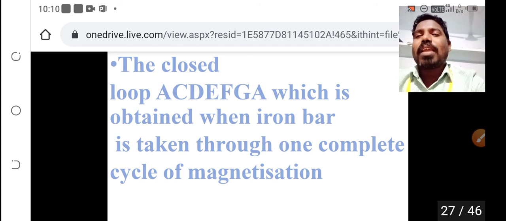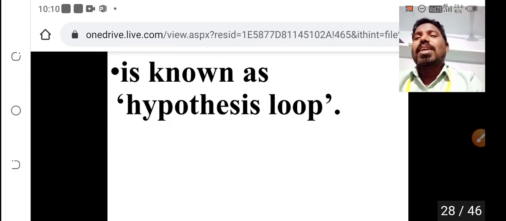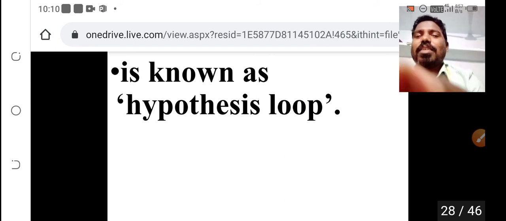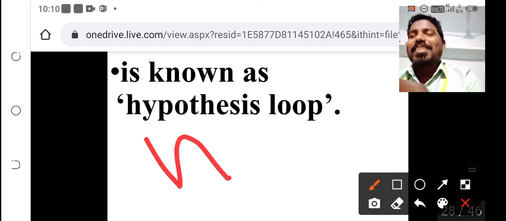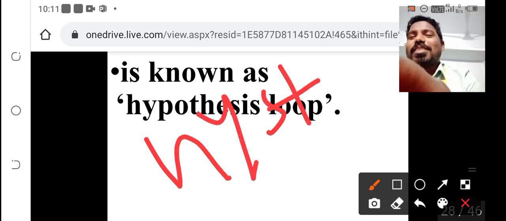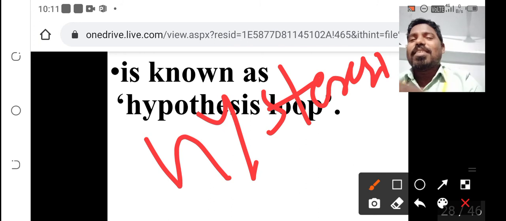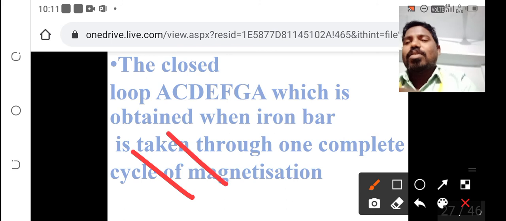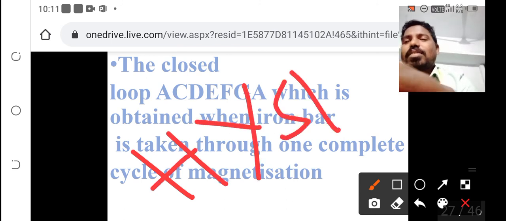One complete cycle is nothing but the hysteresis loop. Sorry, it is a spelling mistake: hysteresis loop, not hypothesis. This loop is the hysteresis loop.